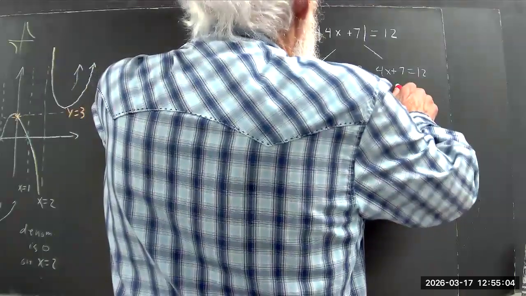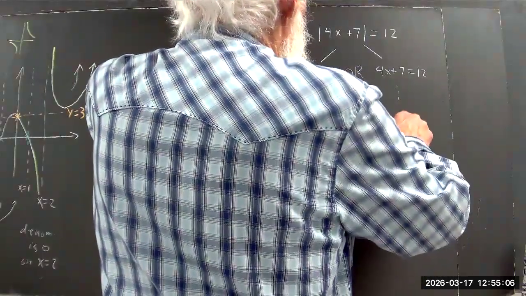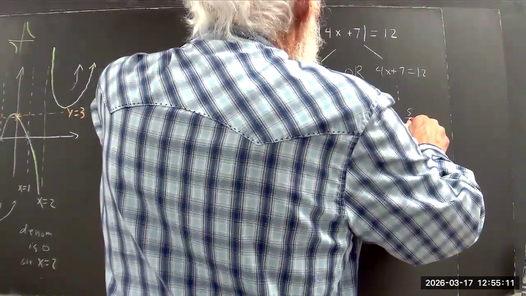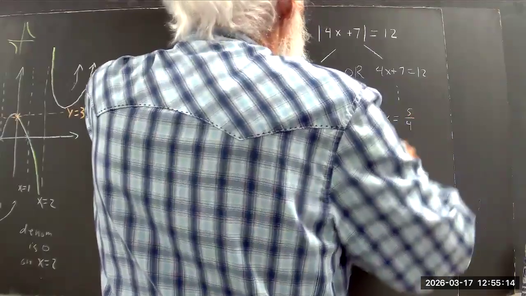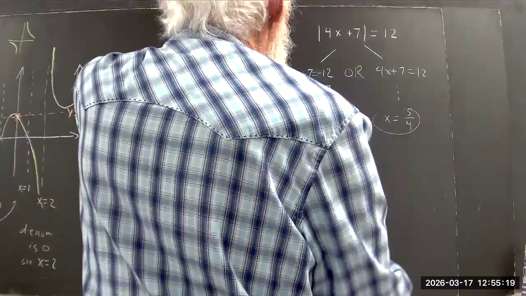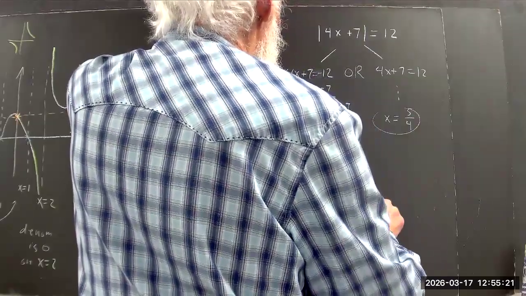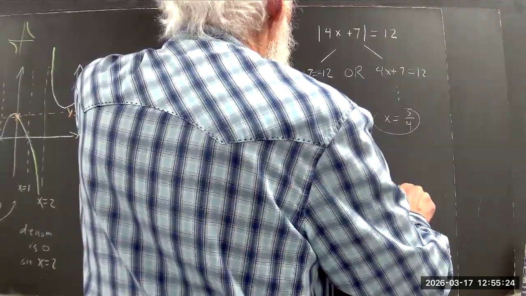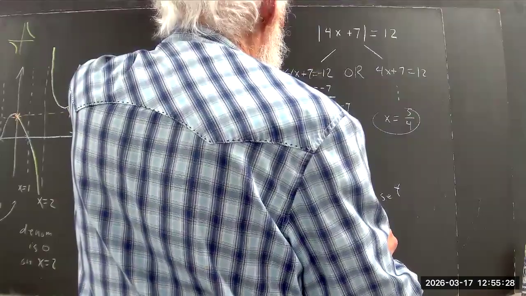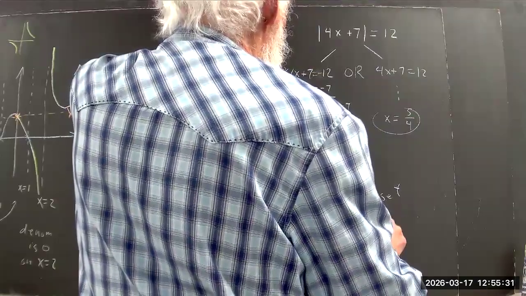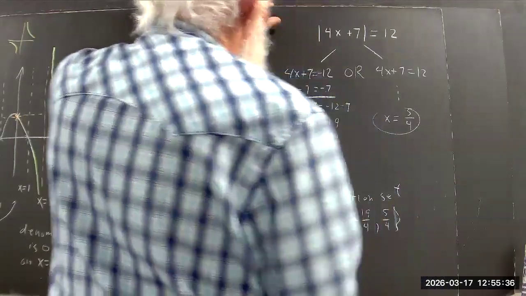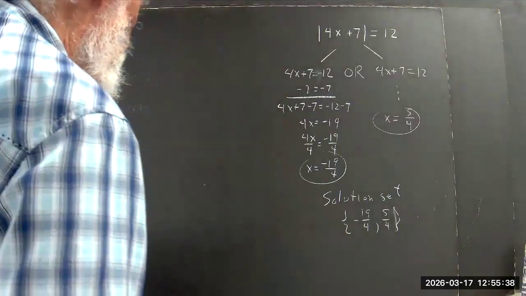Now here, you're going to get x equals 5/4, I believe. No, yeah, 5/4. So your solution set is the set negative 19/4, 5/4.